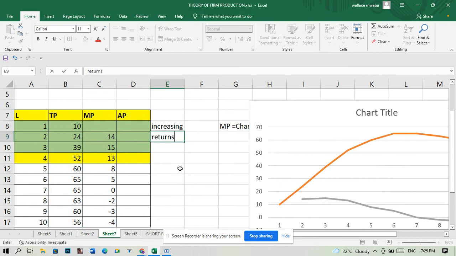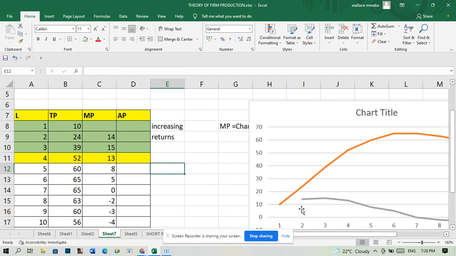Then, as marginal product decreases, total product increases at a decreasing rate. At first, total product was increasing at an increasing rate.